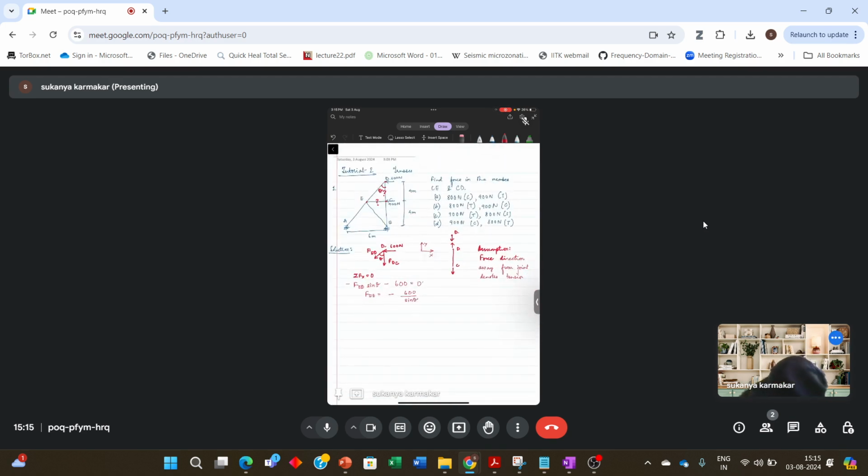Yeah. This distance is 3 meters. So tan theta is 3 by 4. So in other words, this is 5 meter, or sine theta is 3 by 5.